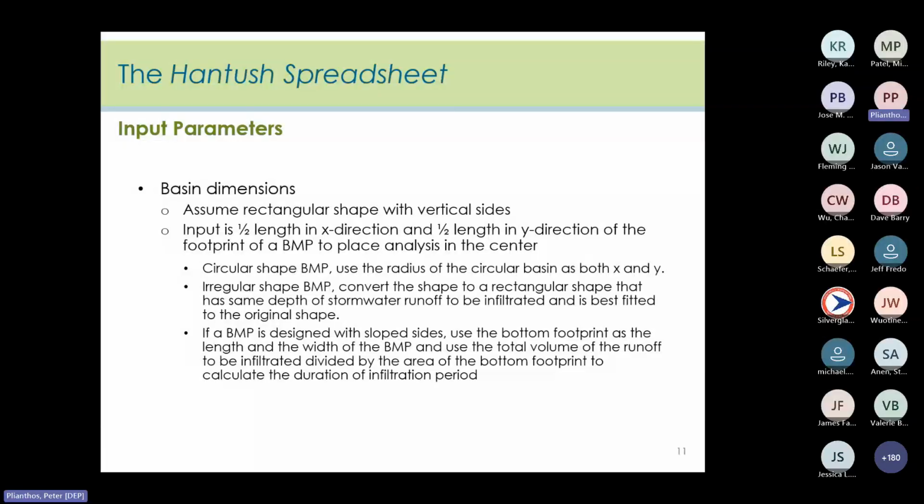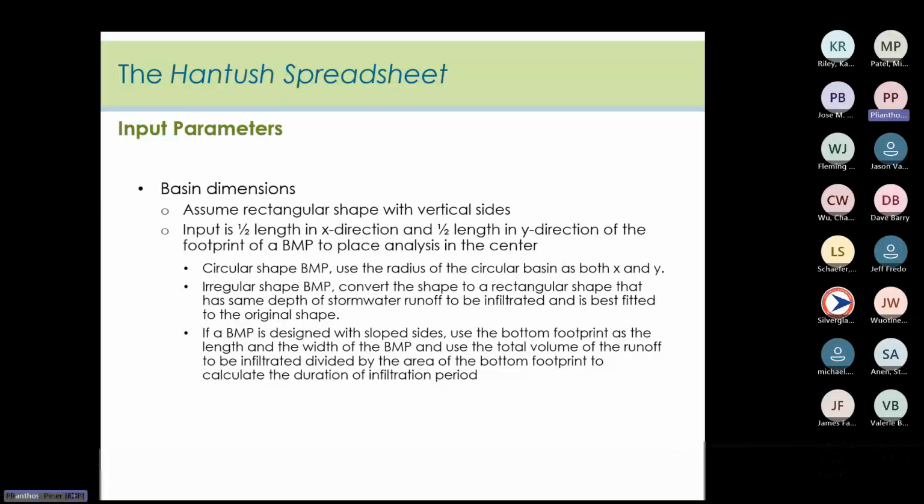And then if a BMP is designed with sloped sides, use the bottom footprint as the length and width of the BMP and use the total volume of the runoff to be infiltrated divided by the area of the bottom footprint to calculate the duration of infiltration period. And we'll define duration of infiltration period in just a couple slides, so bear with me.